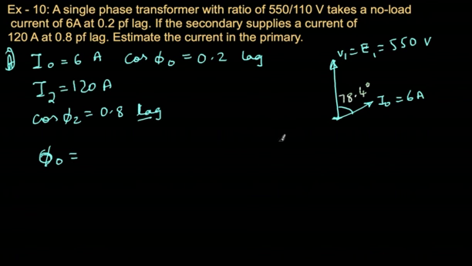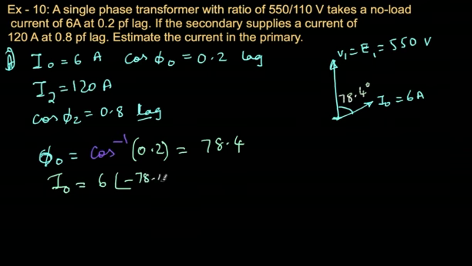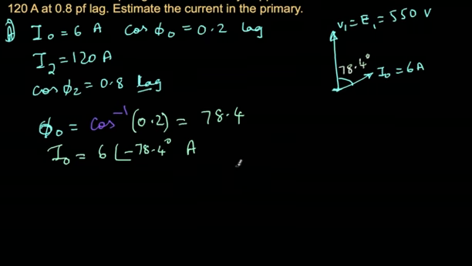Okay, so now cos inverse of 0.2 is 78.4. Therefore I can write I naught as a vector, that is 6 angle minus 78.4 degrees amperes. Now next is I2. So what is I2?